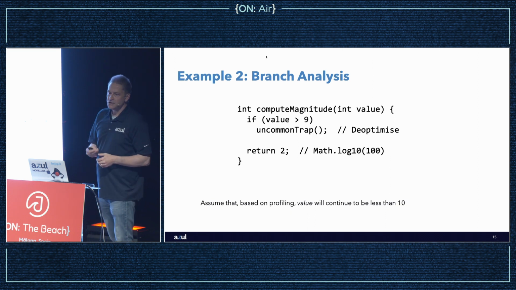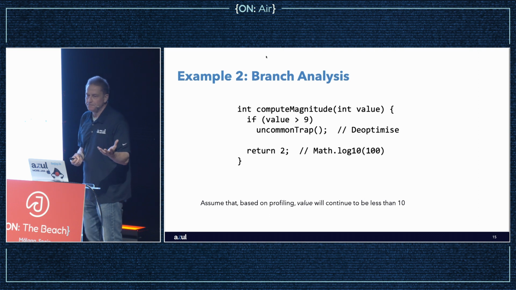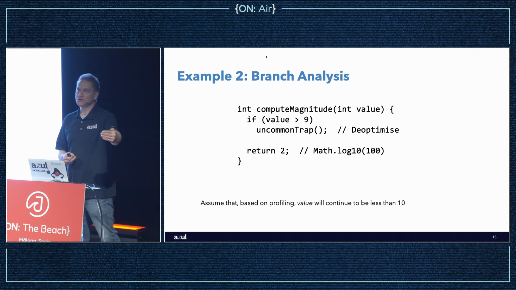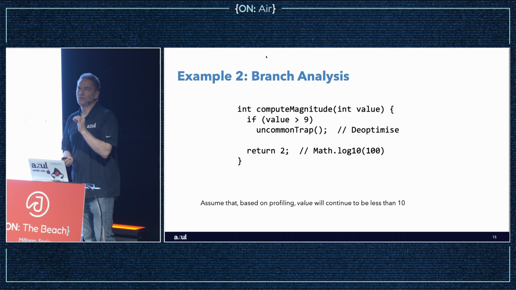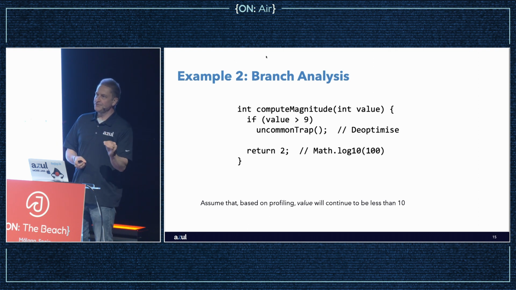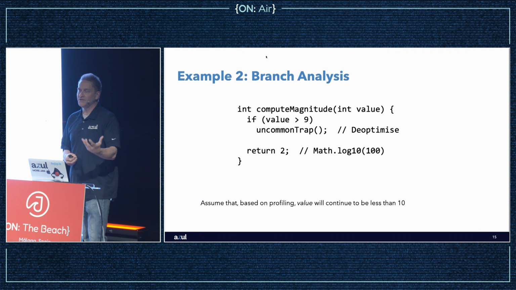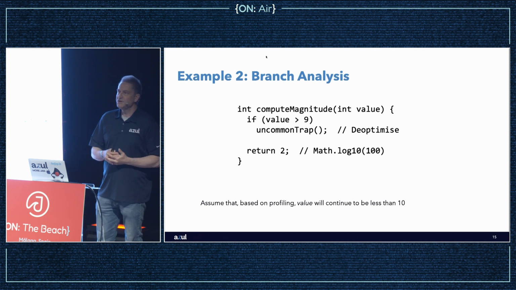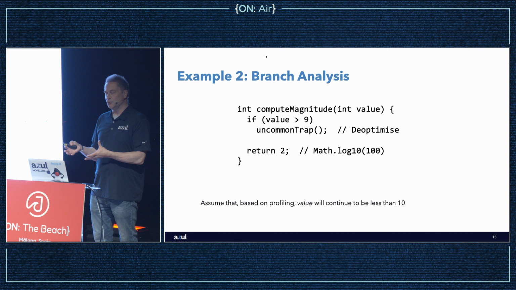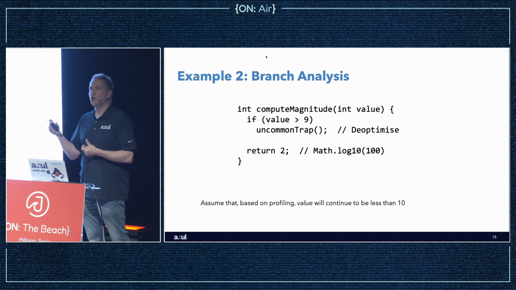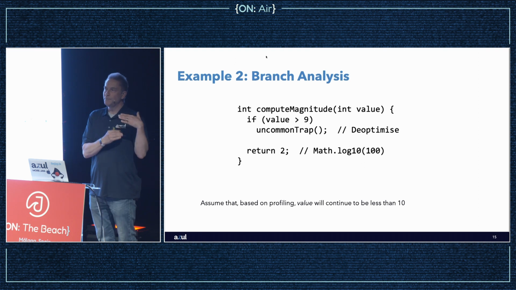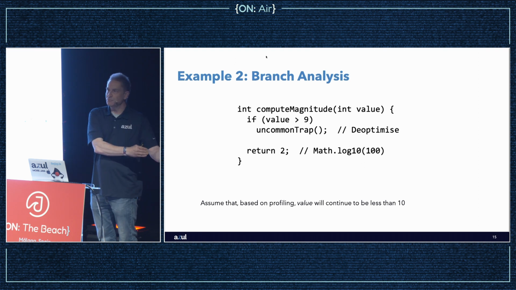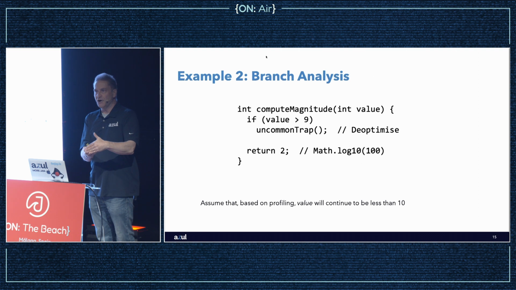What it will actually compile is something like this. We've got our computeMagnitude method, which takes a value here. We still need to have the ability to deal with a situation where we do get a value that's greater than 9. In this case, rather than doing what we said to do, we'll call this thing called an uncommon trap. The reason we call it an uncommon trap is because the code that we're compiling is based on the assumption that value is never greater than 9.